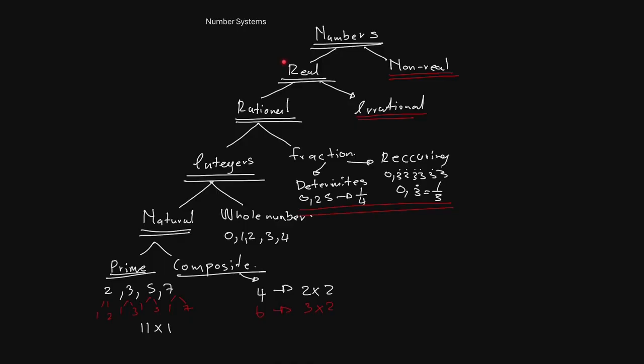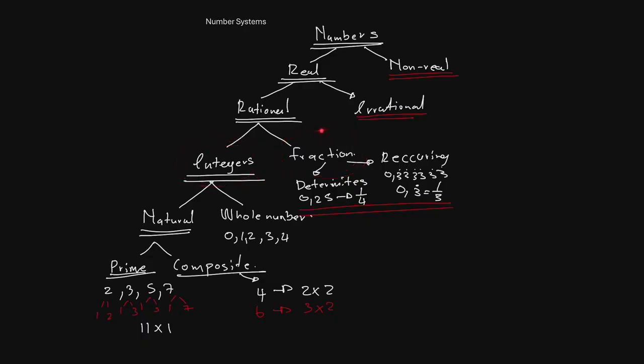We can also go down with the real numbers to say we have rational and irrational. We said rational numbers are numbers that can be written as a fraction, and irrational numbers are numbers that cannot be written as a fraction. We also said that rational numbers can be grouped into two types, for example, integers and fractions.